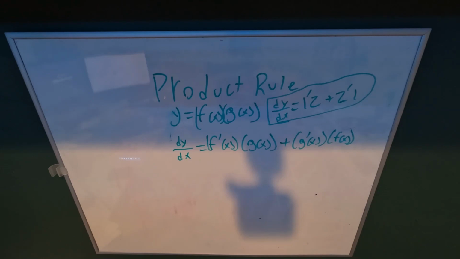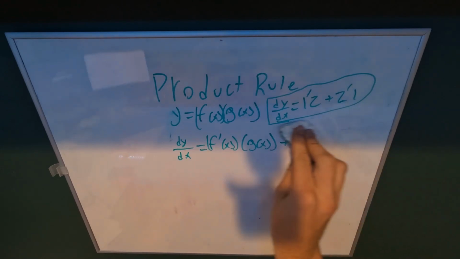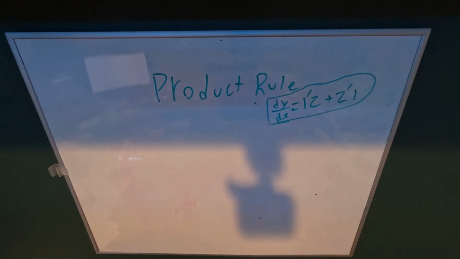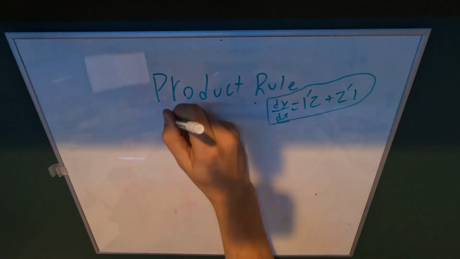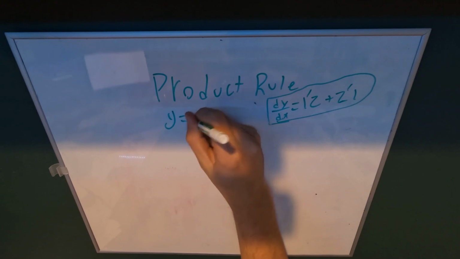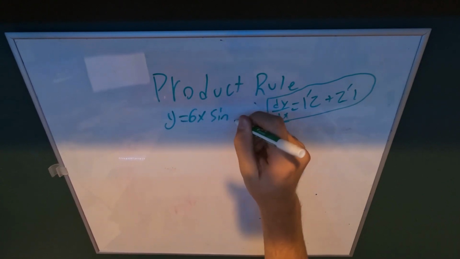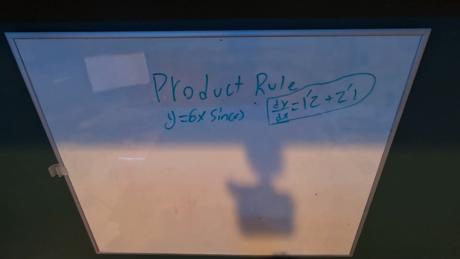One comes first, so you want the derivative of the first times the second. So let's say we have y equals 6x sine of x.